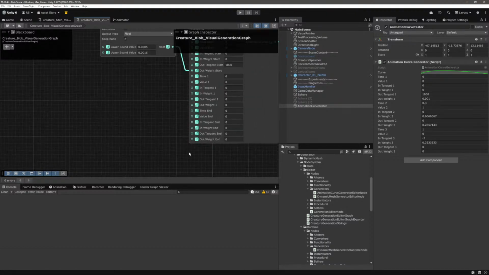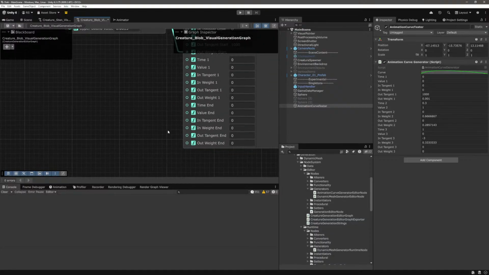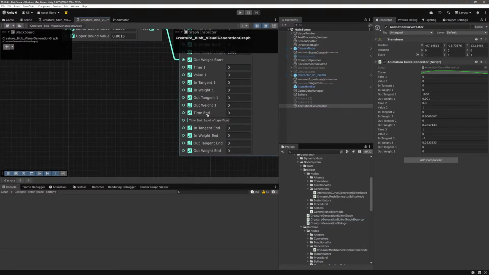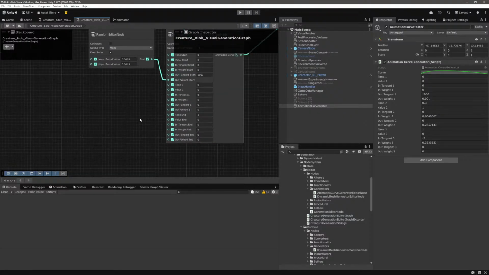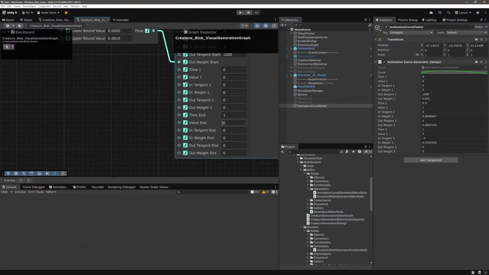Our first random value, let's fix the end node first as well. So time end should be 1. Like, when we convert this to a runtime node, I'm not entirely sure how we're gonna solve this.